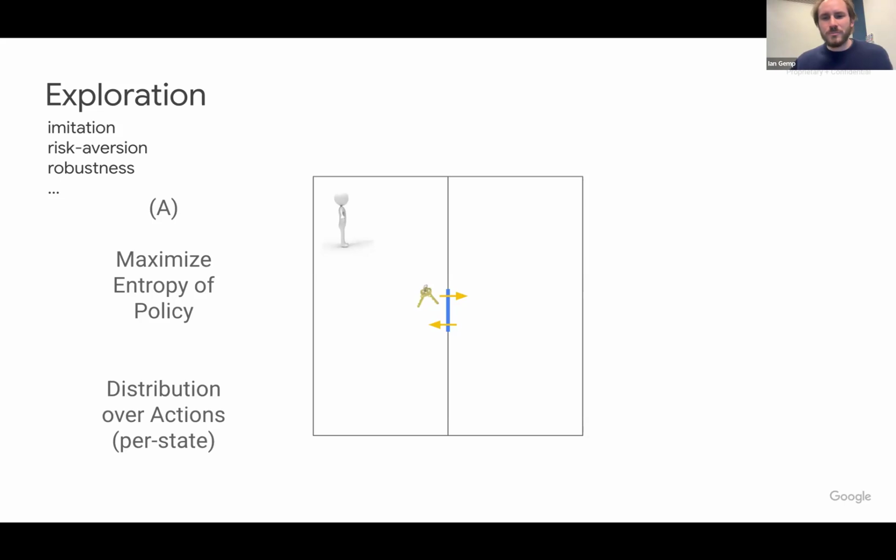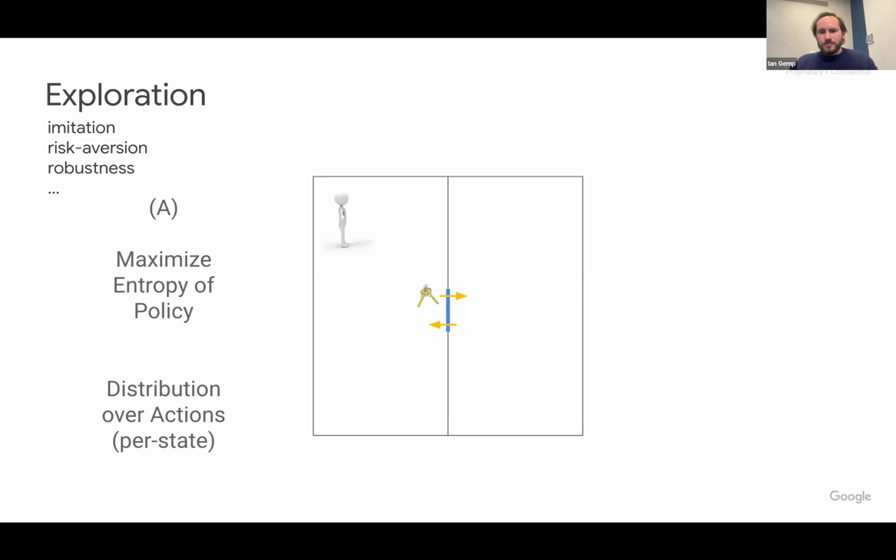But I just want to give a motivating sketch. Imagine you want to maximize the entropy of your policy, thinking that that would lead to effective exploration of your environment.